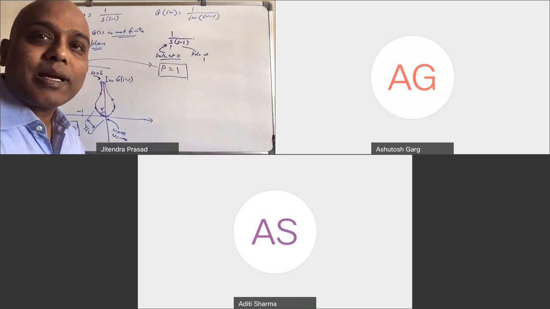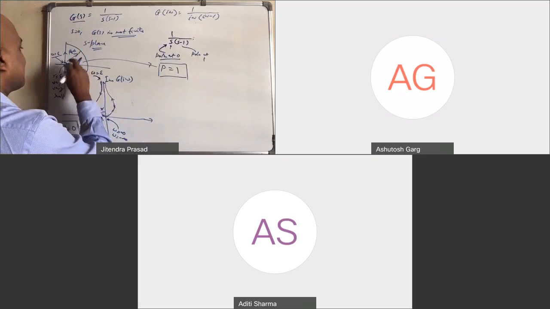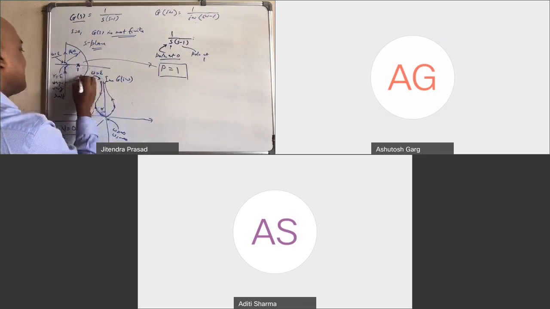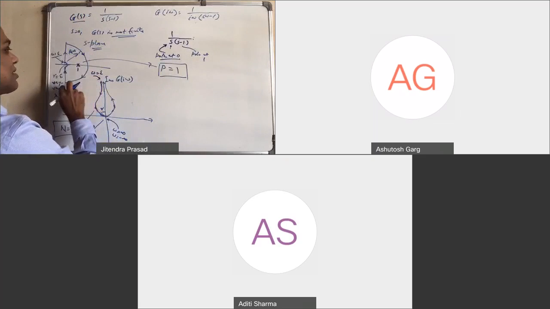There is one pole here which is inside this loop, right? Okay, this is inside this S contour, right?